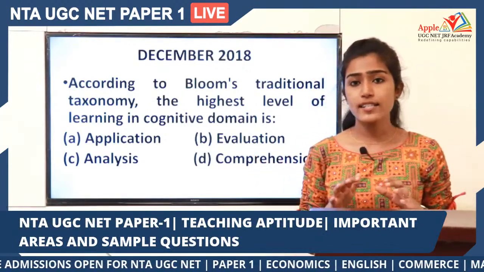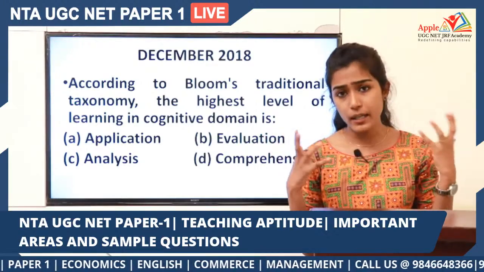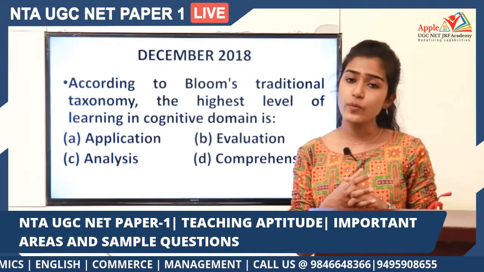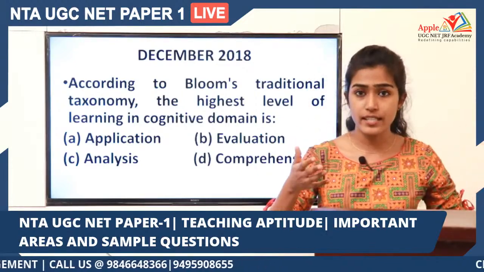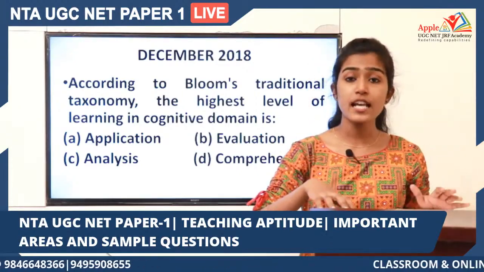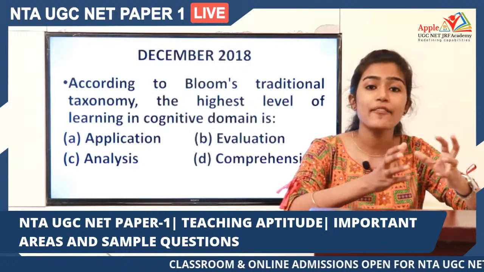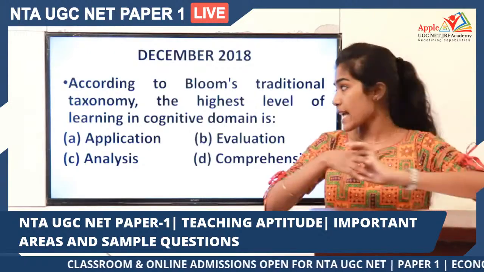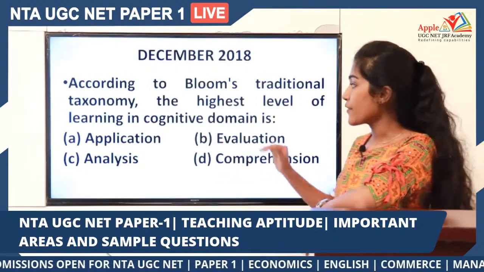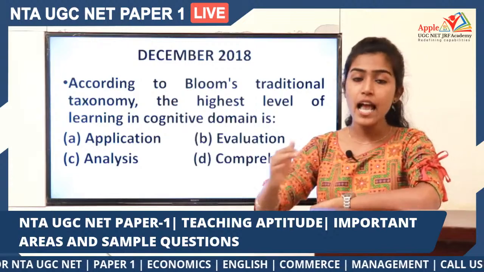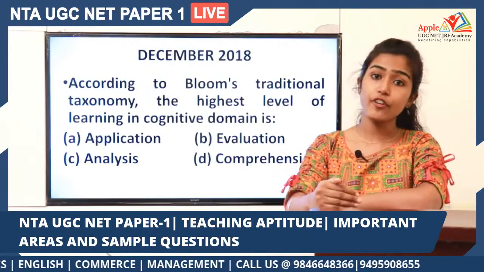And what you have to concentrate on is that if you just mug up all these hierarchical orders, or all these taxonomies, in the end you will get more confused, because you'll be having 3 different taxonomies. In some questions you'll have options from all these domains as well. For example, if you have 4 options for a question from domains of learning, the first option will be from the cognitive domain, the second option from the affective domain, the third option again from the affective domain, and the fourth from the psychomotor domain.